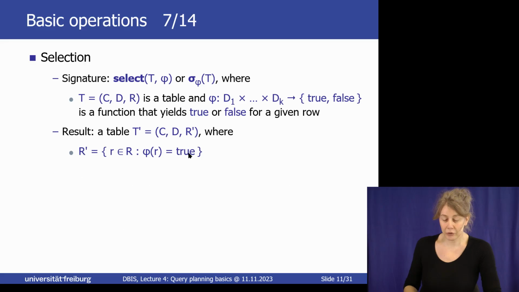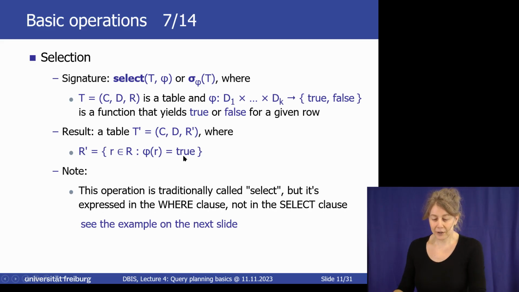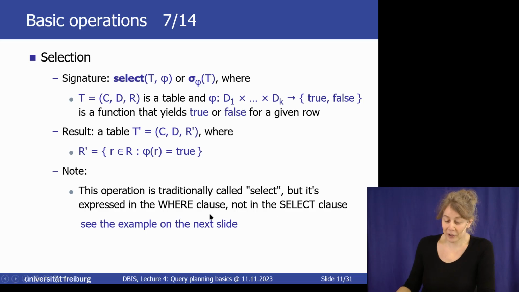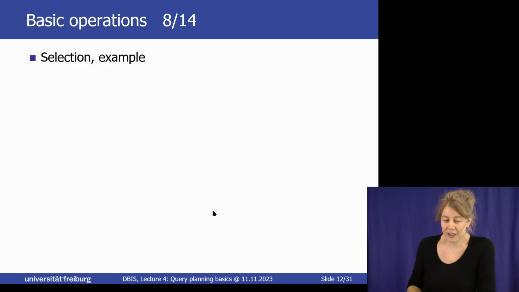Could be all rows, could be no rows. Yeah. So this is what I just said. This is traditionally called select, but it's not what you write in the select clause. It's confusing, but that's how it is. Again, project selects columns, select rows. A more meaningful way would be names like select columns, select rows.